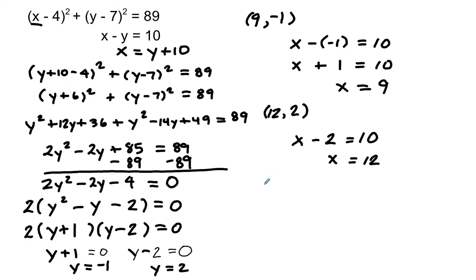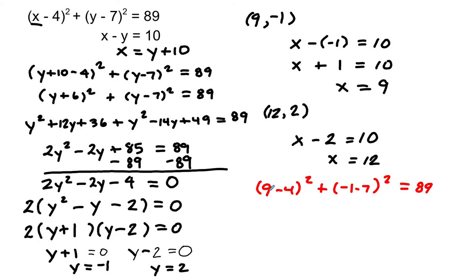And I'll go ahead and do a check here just because I want to make sure that you understand what you're doing. So 9, I'm going to put in there minus 4 squared. And then we have plus our negative 1 minus 7 squared equals 89.